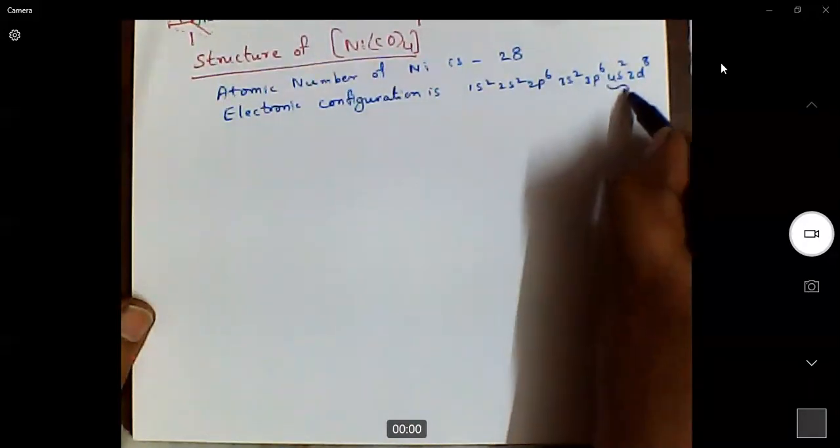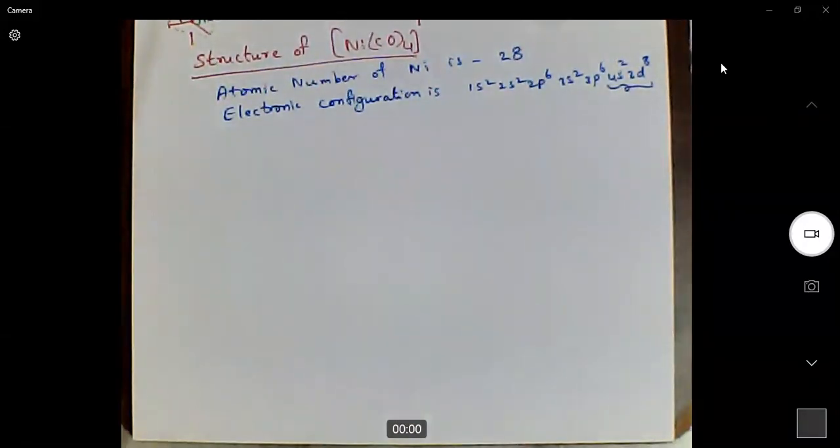Now the valency orbitals are 4s and 3d. These are the valency orbitals. So in the hybridization concept we use valency orbitals.